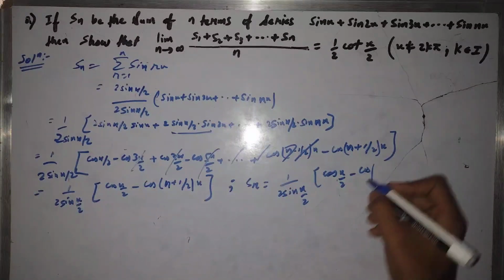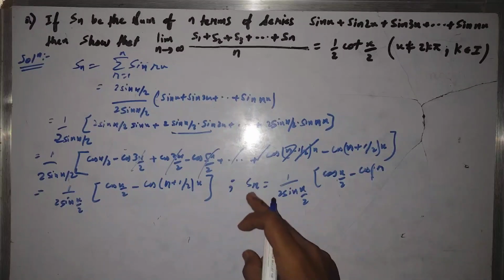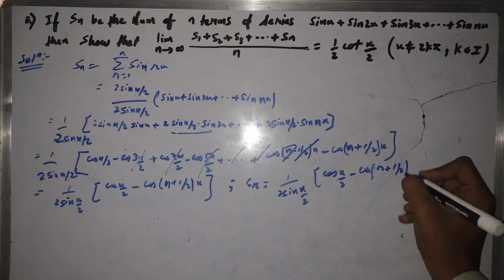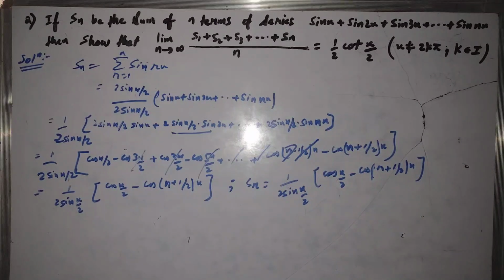Don't get confused by n and x: because we are defining the rth term, this would be r plus half times x. Okay, so this is Sr.